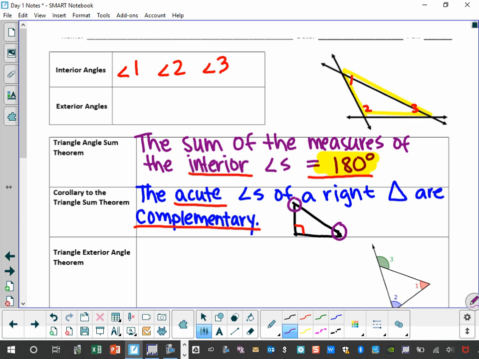So it should equal 90 degrees. I'm labeling that A and this B, so the measure of A plus B equals 90.